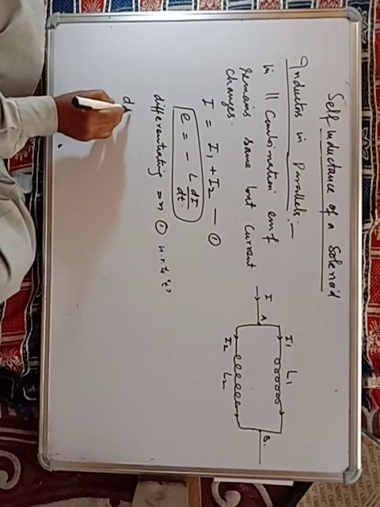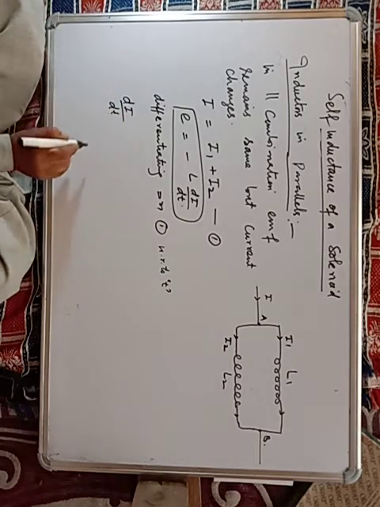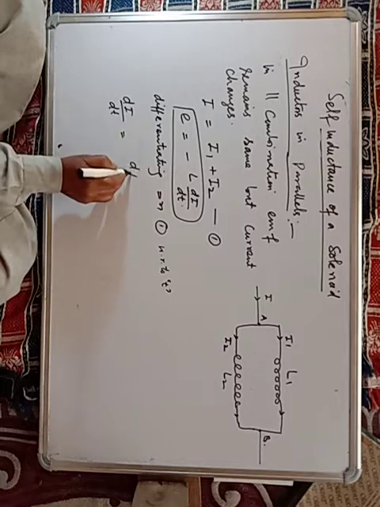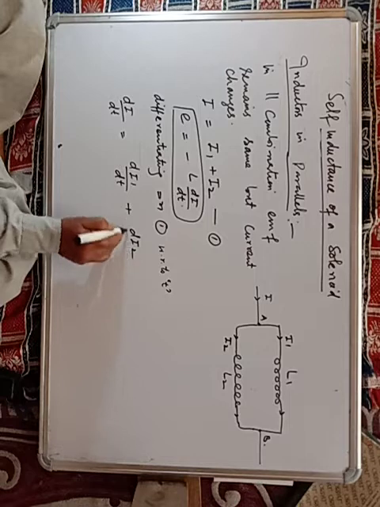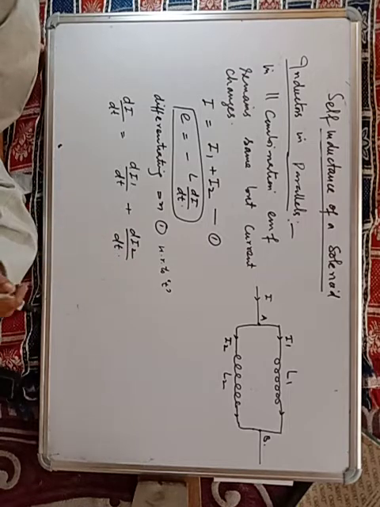So we will get here di divided by dt is equal to di1 divided by dt plus di2 divided by dt.